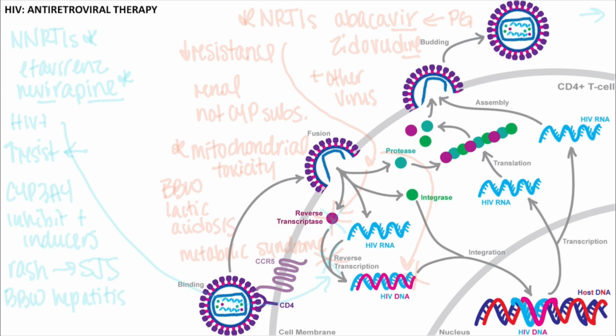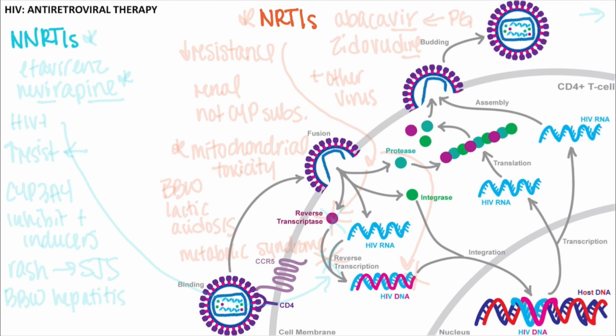The first are going to be the nucleotide reverse transcriptase inhibitors, or the NRTIs, or the second group, which are the non-nucleoside reverse transcriptase inhibitors, or the NNRTIs. And you can probably guess what the difference is going to be. One is going to look like a nucleoside-nucleotide analog, the others are not, but we will still go through each of these groups in more detail.